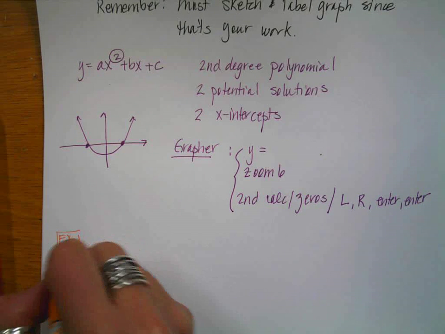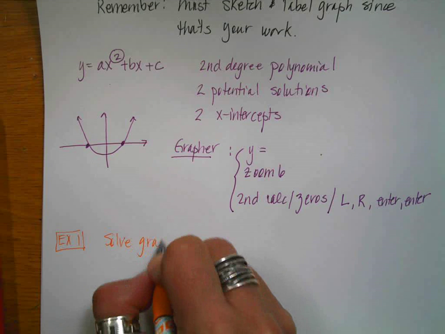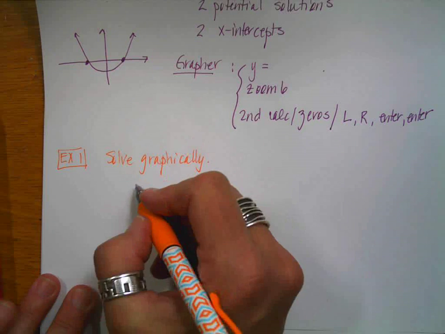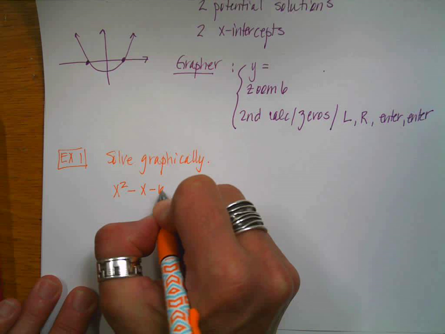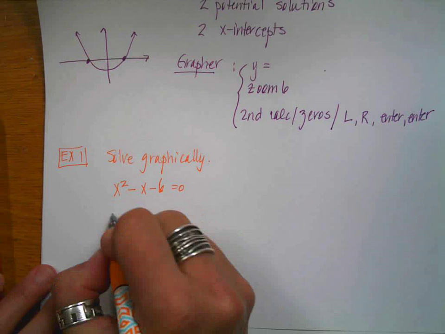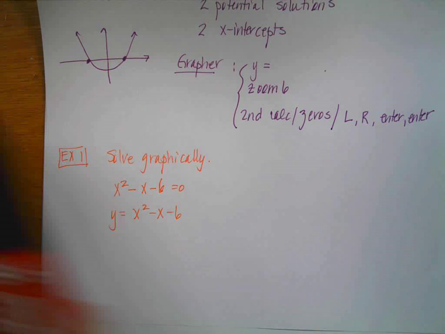So for the first example, I want to solve graphically. Remember, that means I have to sketch and label. So as I solve the equation, we're given x squared minus x minus 6 equals 0. So the first thing I'm going to do is put this in my calculator, x squared minus x minus 6.